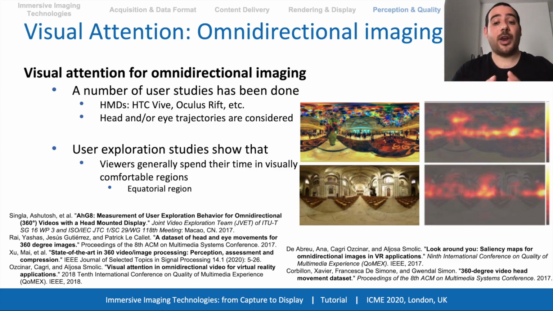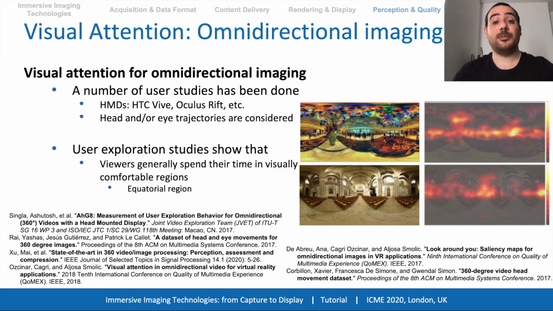The viewing range of 360-degree video and viewing pattern are totally different from 2D video. Because of this fact, the majority of existing works on the perception models of 360-degree video focus on modeling visual attention on 360-degree video. There are works that consider head, with and without eye trajectories.